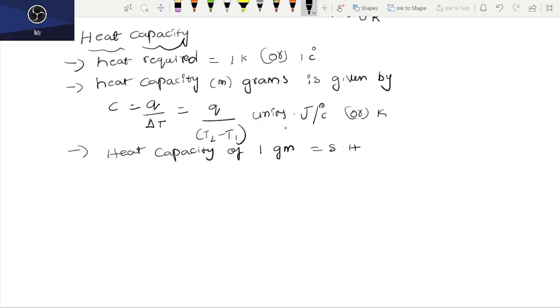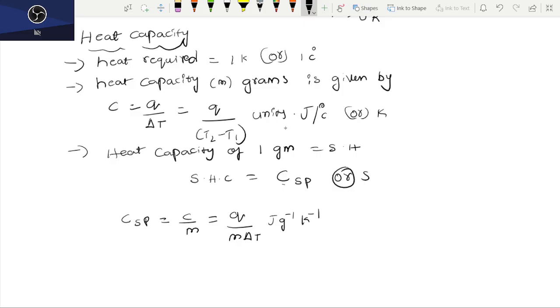Specific heat capacity is indicated by Csp, or it is also indicated by S. Now, specific heat capacity Csp is equal to C by m, that is Q by m delta T. Units I am mentioning here.